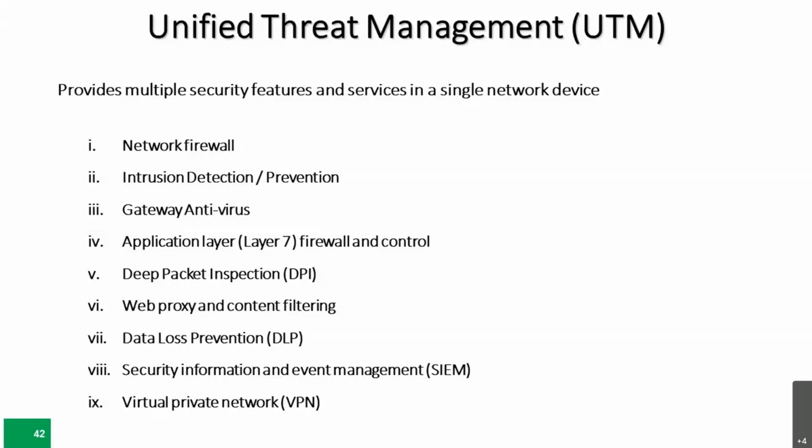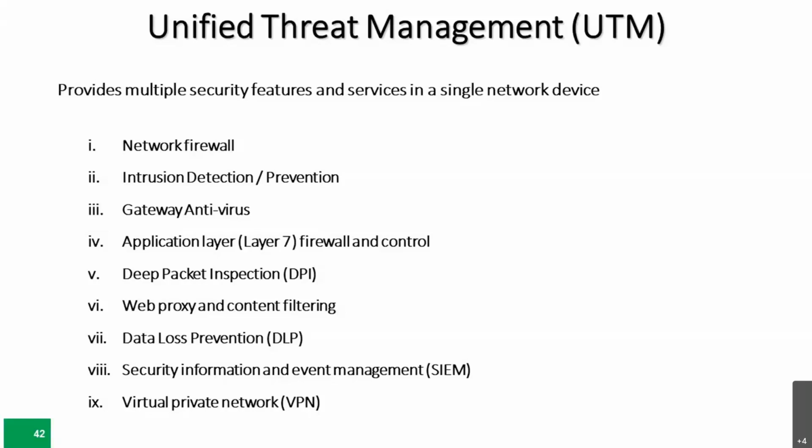But UTM provides universal functionality: it provides the functionality of a firewall, of IPS, and also of antivirus. So it is an all-in-one device for perimeter level security.